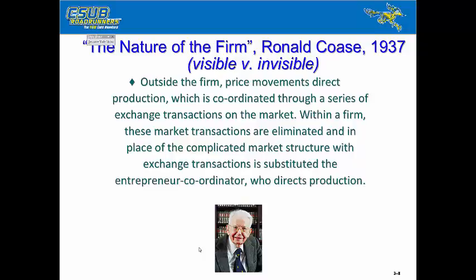So, the entire question that we're asking in corporate level strategy is: is it better to organize things within a company, within an organization, or is it better and more efficient, does it create more value, to have it organized by the marketplace?